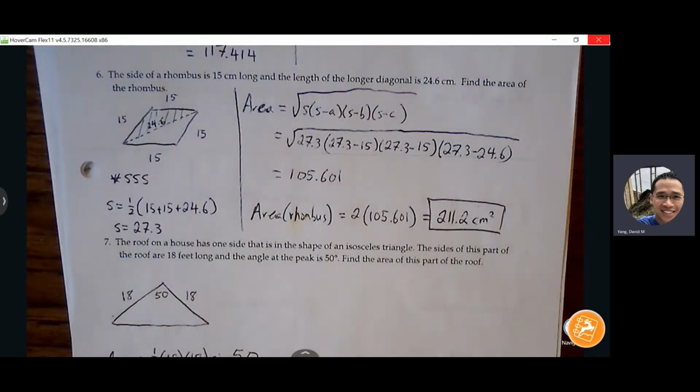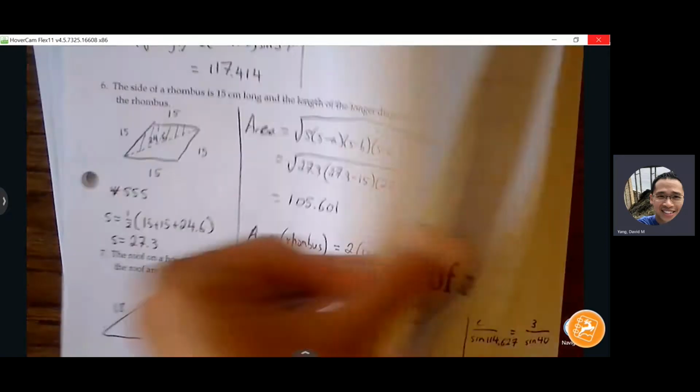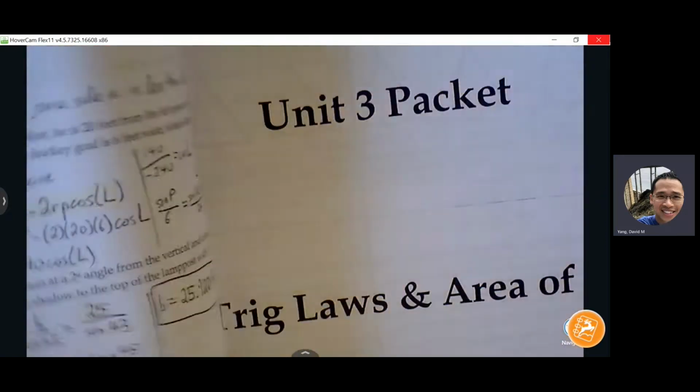Okay. Are we good with this review of our area formulas that we just learned yesterday? Give you guys another minute. Okay, so the one that I want us to tackle is on page 26.